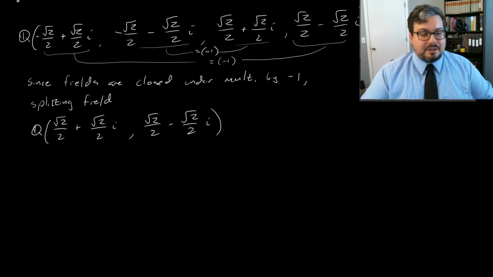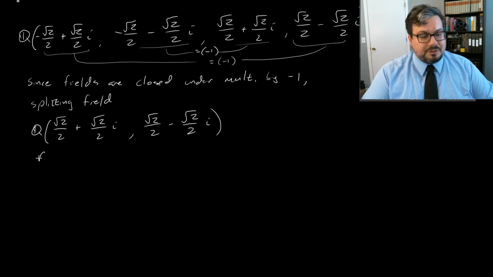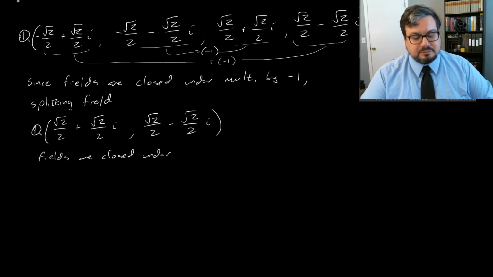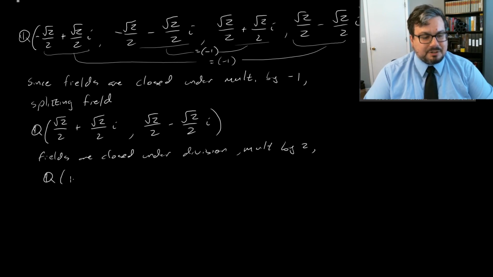We can note that fields are closed under division and multiplication by 2. So we have that the field could be described as Q of √2 plus √2 i and √2 minus √2 i.